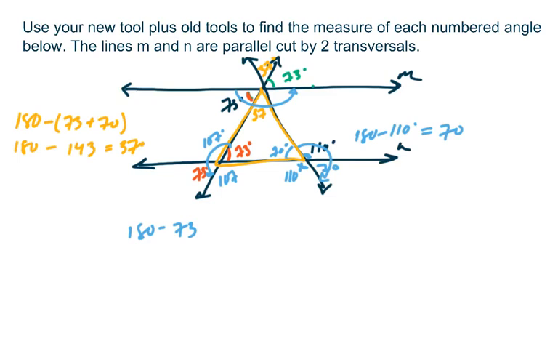Three angles are making that 180 degrees. So in my head, I'm thinking 180 minus 73 plus 37. So 180 minus 73 plus 37 is 110. So then I subtract those and I get 70 degrees is left for right there, which puts 70 degrees out there. And I think I have captured all of the angles.